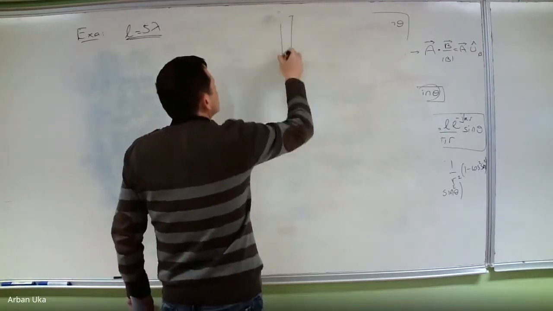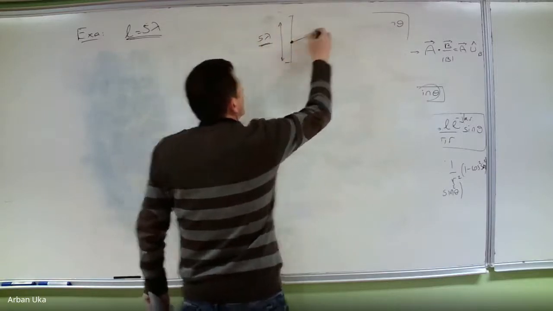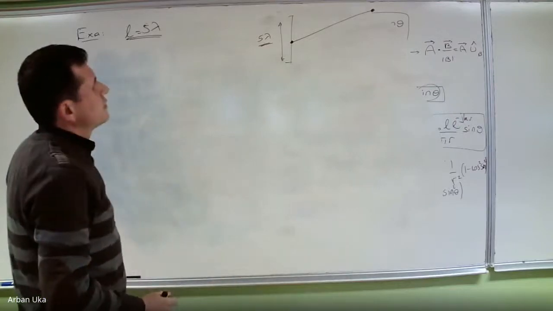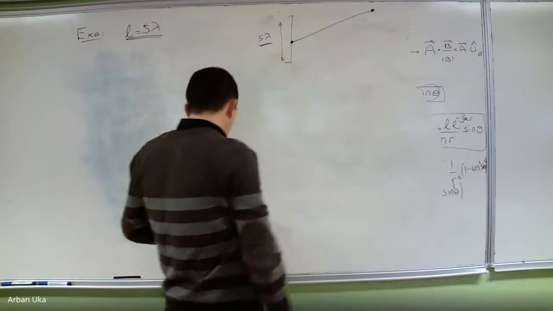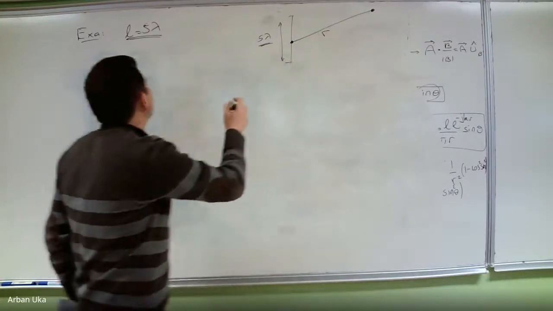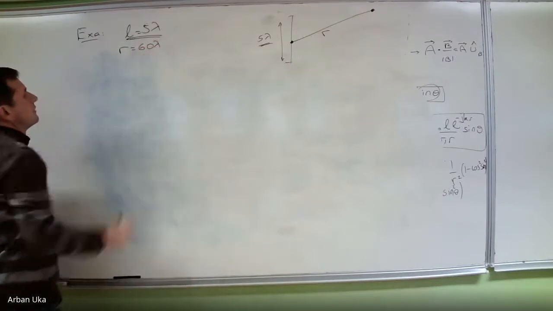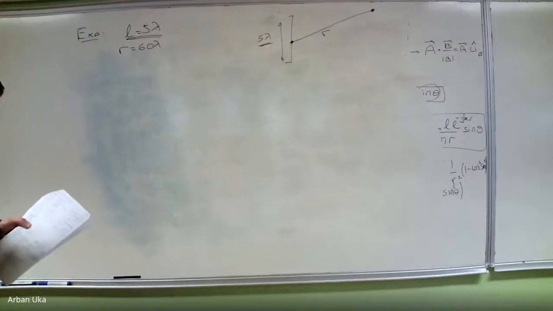The distance where we want to observe, or where we want to do the calculations, is going to be equal to 60 lambda. Okay, so this is the length where we want to do the observation.